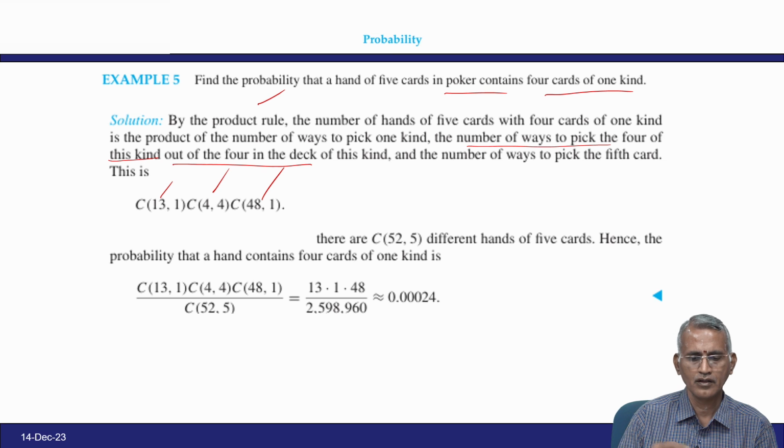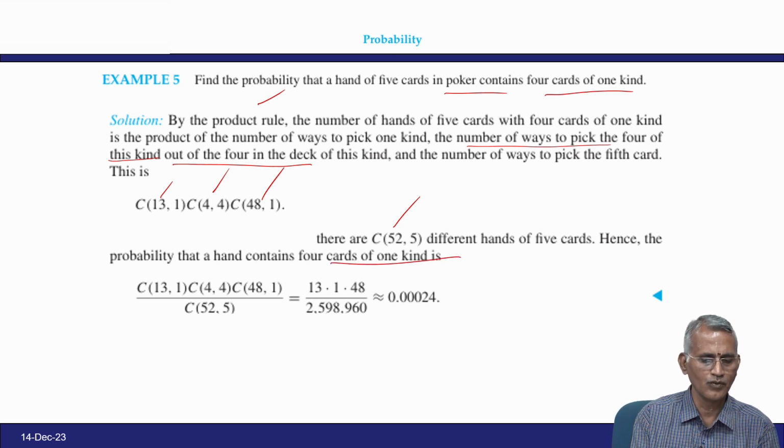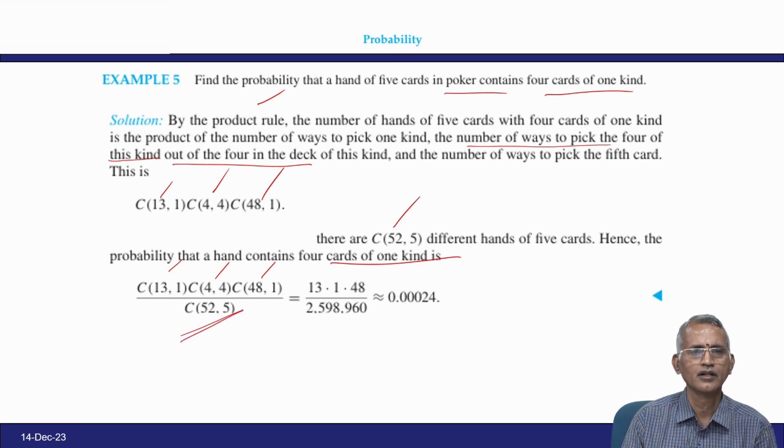So, there are 52C5 different hands of 5 cards. Therefore, the probability that a hand contains 4 cards of one kind is 13C1 into 4C4 into 48C1 divided by the total number of outcomes, 52C5.